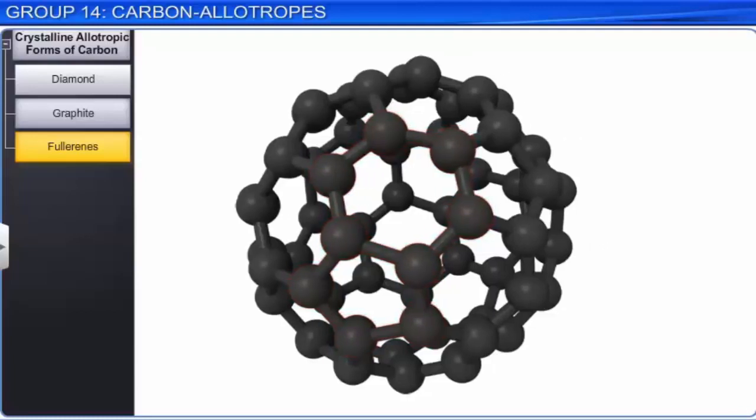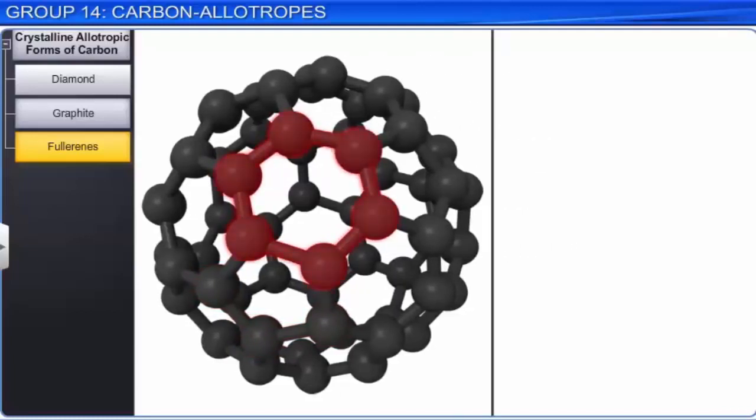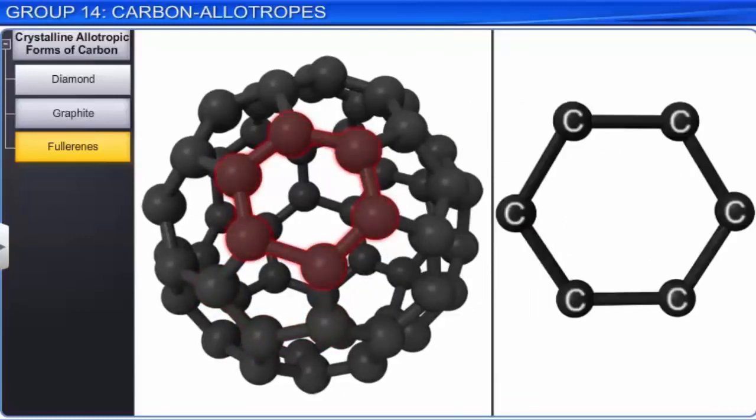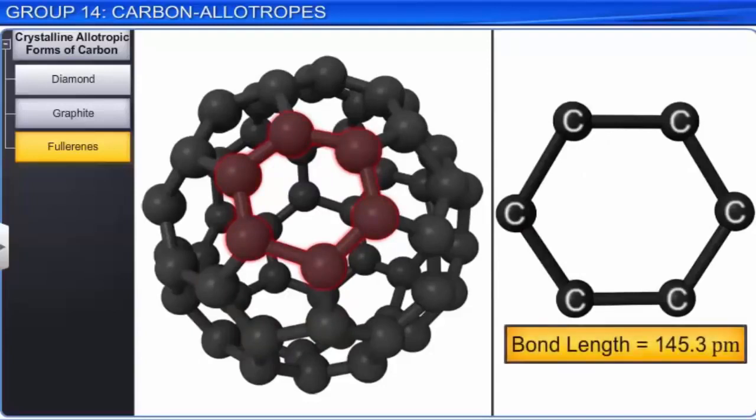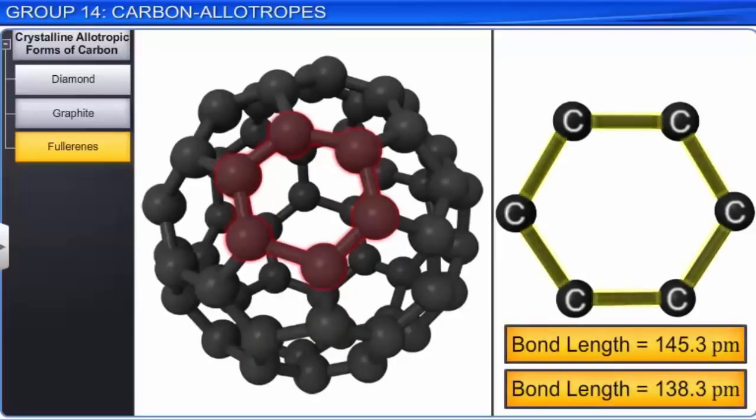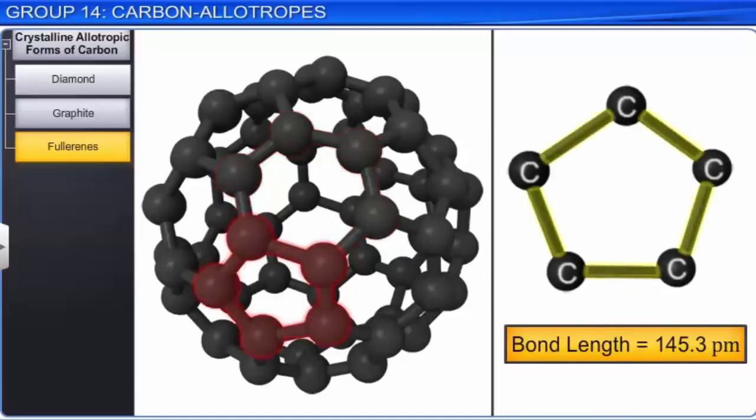The carbon-carbon single and double bond lengths, as observed in C60, are 145.3 and 138.3 picometers, respectively. Each carbon atom forms formally 2 carbon-carbon single bonds and 1 carbon-carbon double bond.